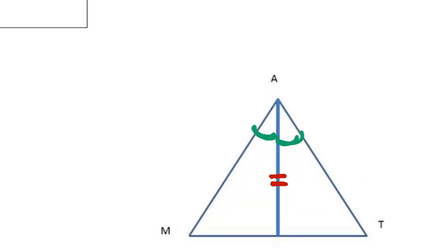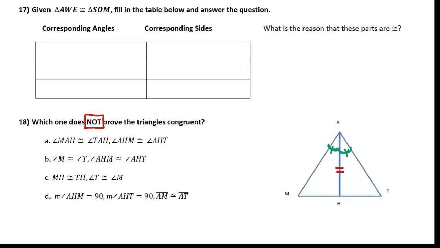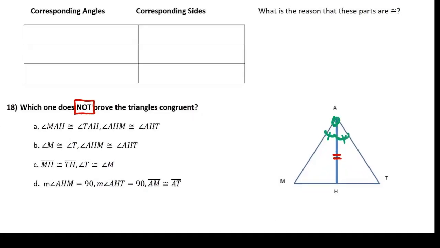So it's saying these two little top angles are congruent. And then angle AHM, so this angle is congruent to AHT, so this angle over here.